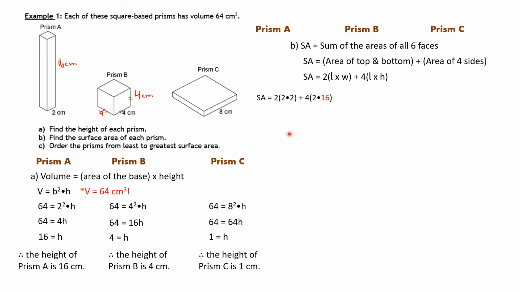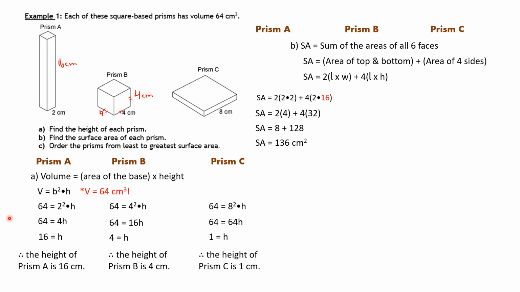So 16 I got from down here. That's where the 16 is coming from. Simplifying that, I do the brackets first with multiplication, and now I'm going to continue multiplying the terms with the brackets. And addition gives me 136 centimeters squared. So that's the surface area of prism A.